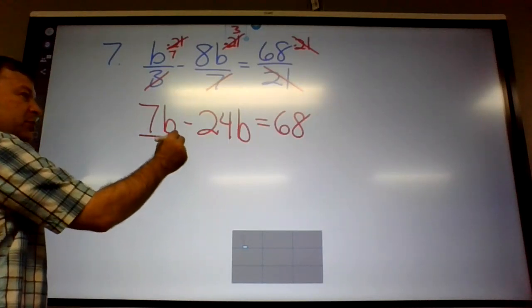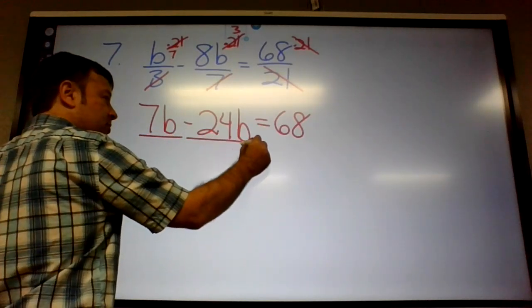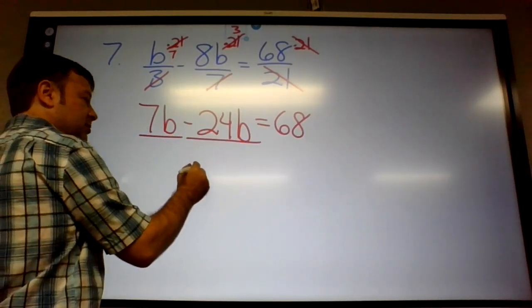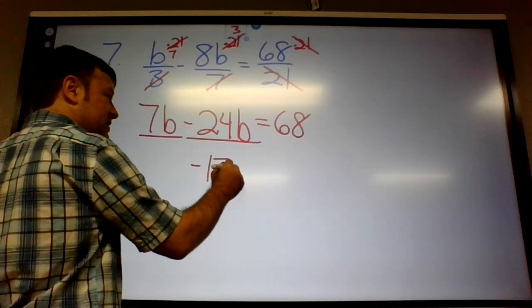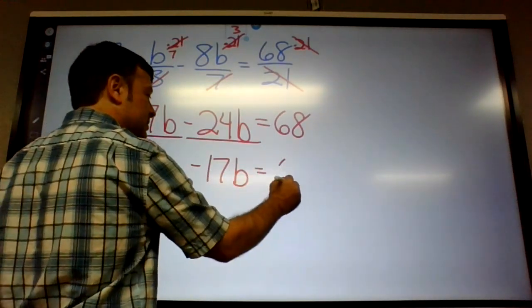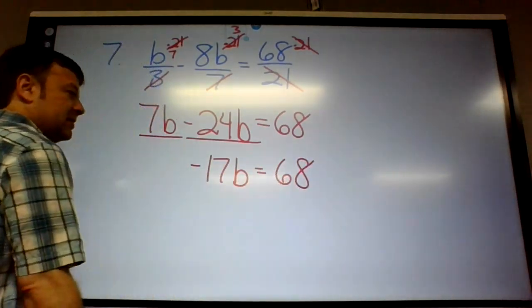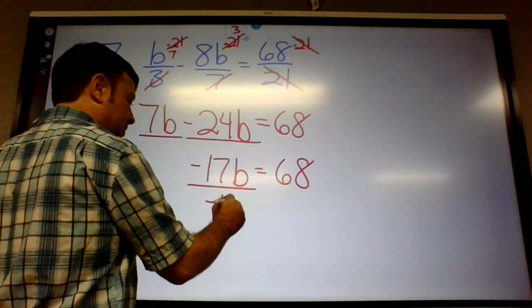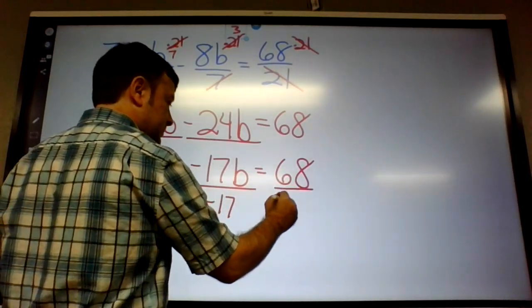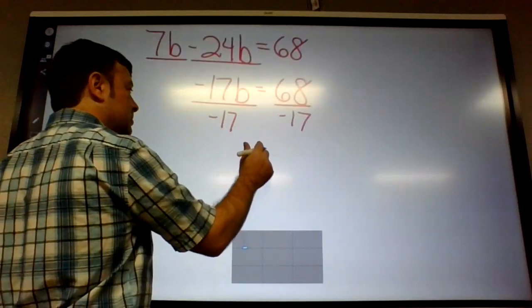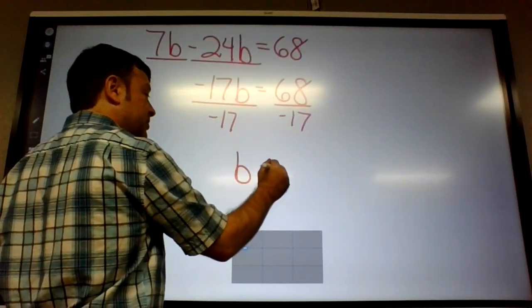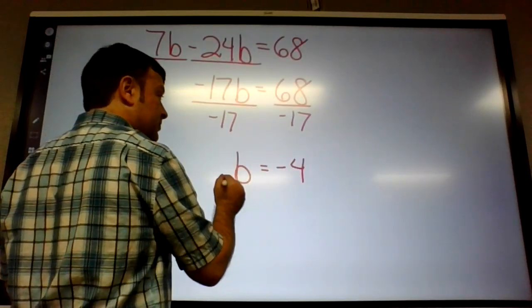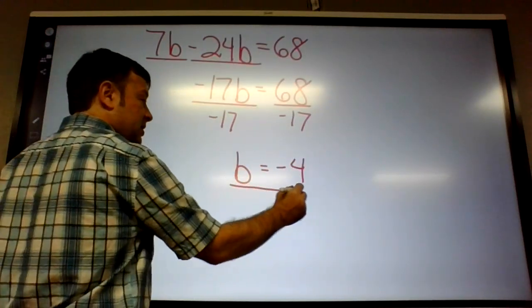We have b's that we can put together. 7b minus 24b, find your calculator for that one, is negative 17b. Does 17 go into 68? No. Actually it does. Don't really expect you guys to know your 17s, but it goes in 4 times. So this will be negative 4.